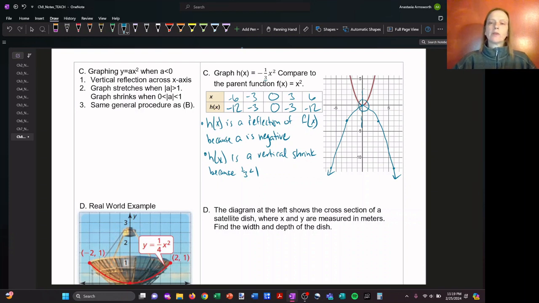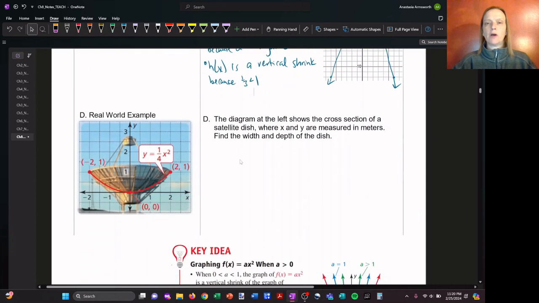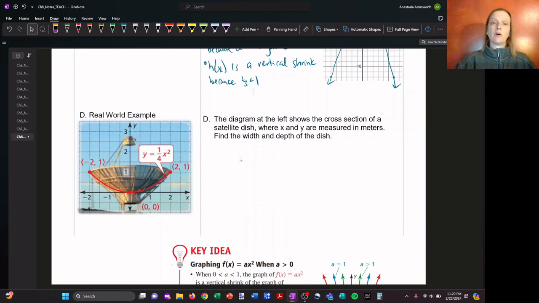So if we look at a real world example of parabolas, satellite dishes really are parabolic in shape. This helps focus signals to their receptor point here on the satellite dish.